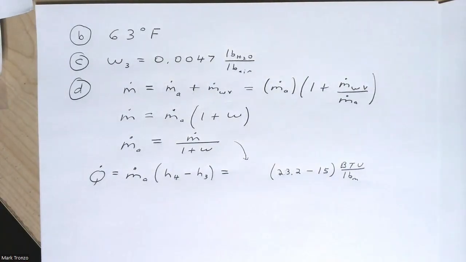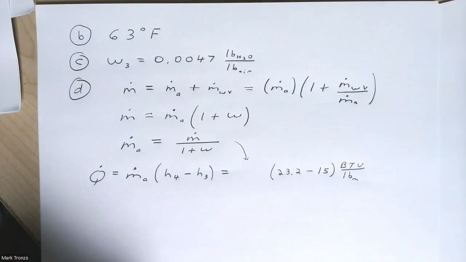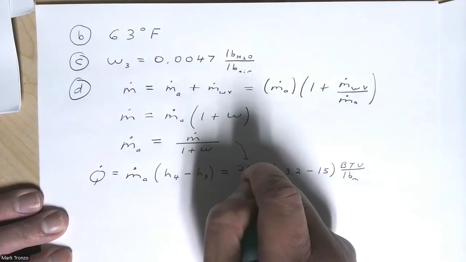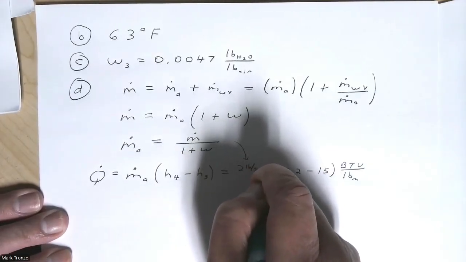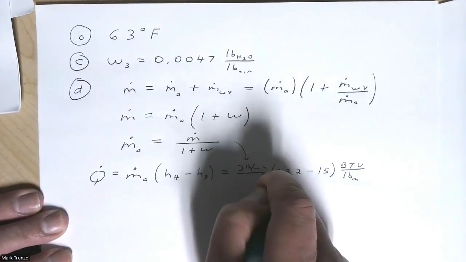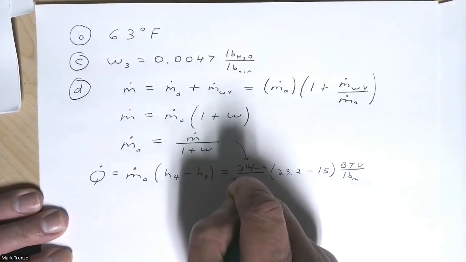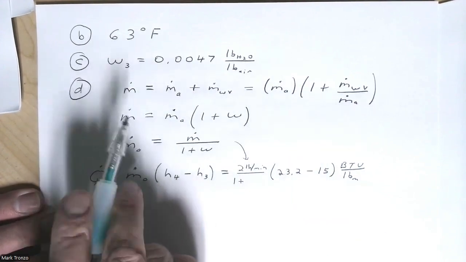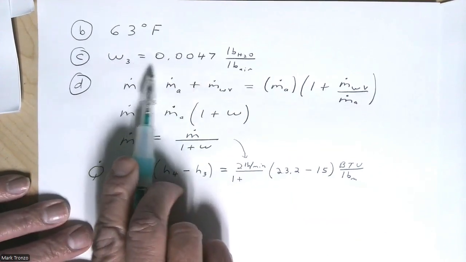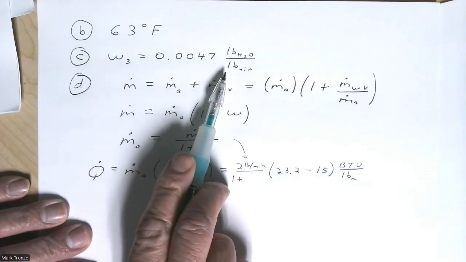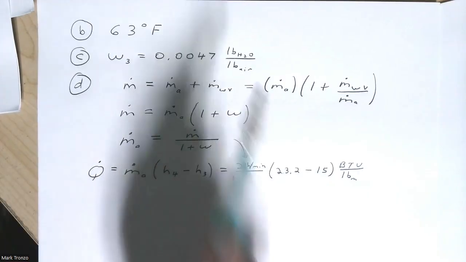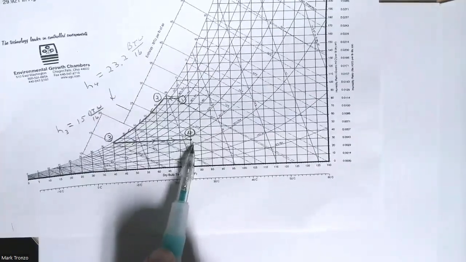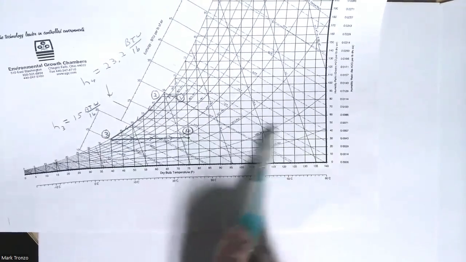And so we're going to put the total mass flow rate, which was 2 pounds per minute, divided by 1 plus the specific humidity. And all through the heating process, the specific humidity is going to be this, because the heating process occurs along here, and we found the specific humidity there. We estimated it was around 0.0047.